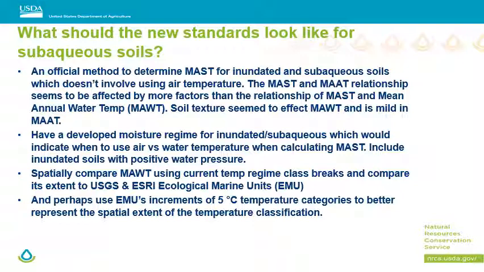Maybe we should think about developing a moisture regime for subaqueous soils. And spatially, we need to compare the water temperature using the current class breaks and overlay it with the EMU temperature classes, and research and determine which of these classes work best for subaqueous soils.